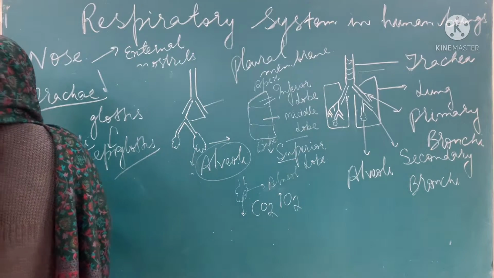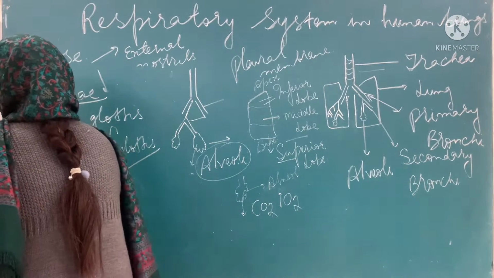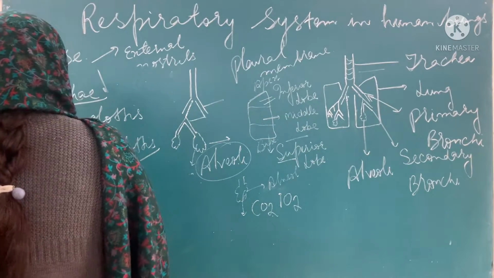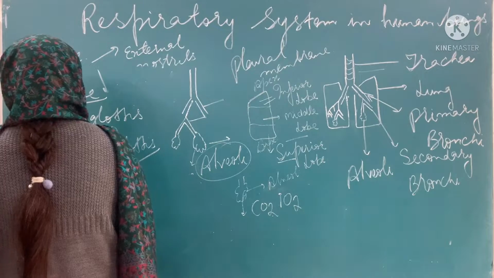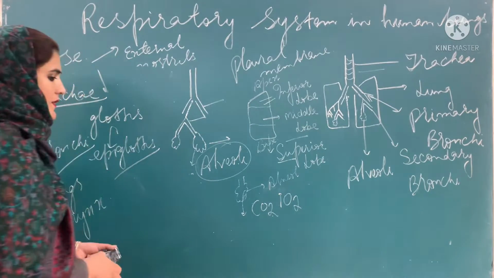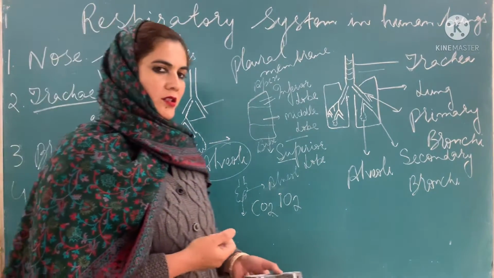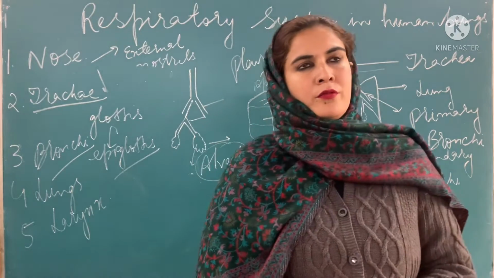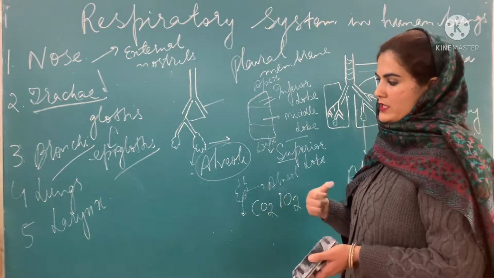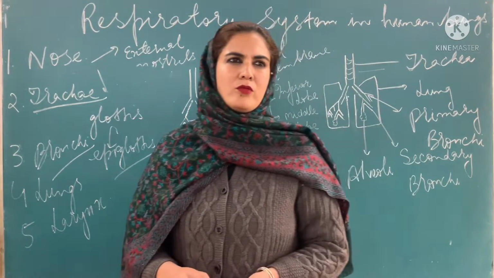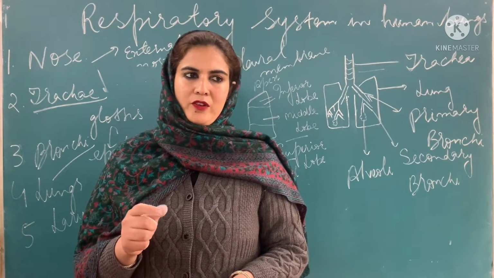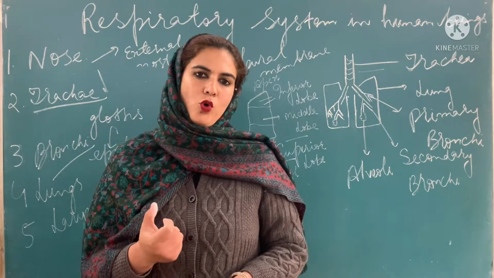And after the lungs, the fifth part that we have is the larynx. The larynx is basically the voice box. You have seen a guitar: when we play the strings, voice is produced.